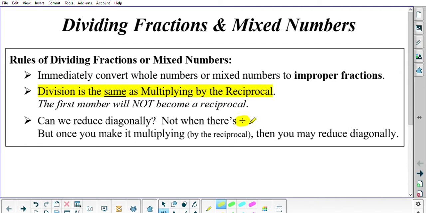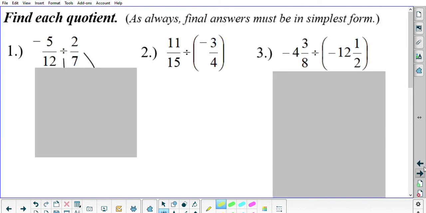But once you rewrite the problem as multiplying by the reciprocal, then you will have multiplication in between, and then you will possibly be able to reduce diagonally if there is a common factor that you could reduce by from a number in the numerator and a number in one of the denominators. Then you could.